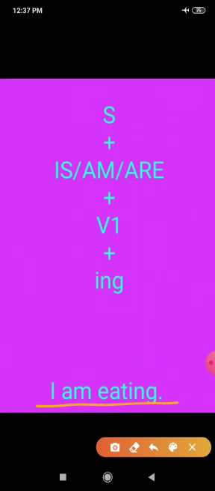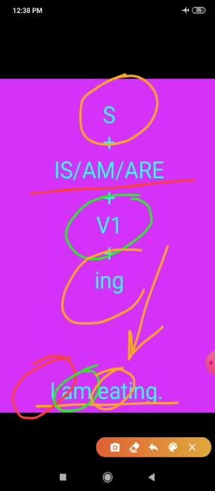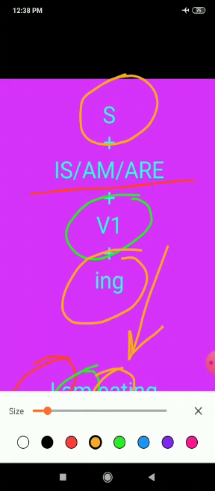And this is a formula for affirmative sentence in present continuous tense. Subject. Here we have I. I is the subject. Is, am, or are. In this case, we have am. V1, eat, and ending ing.